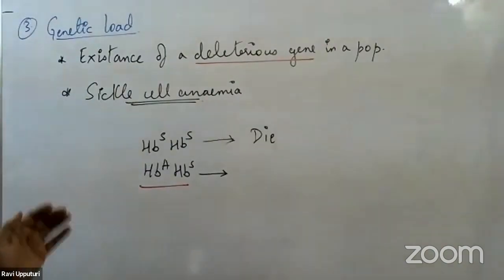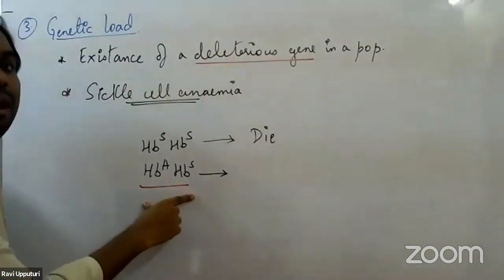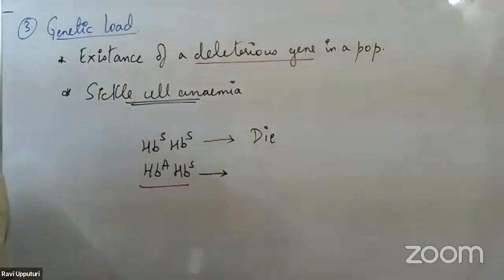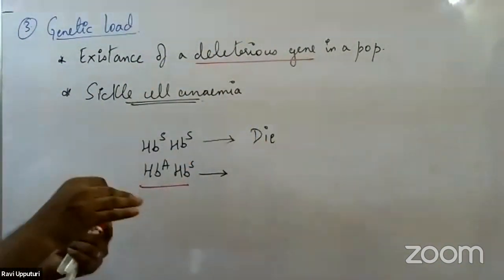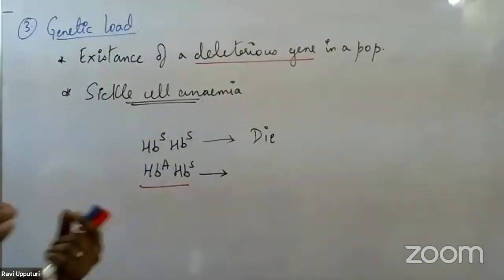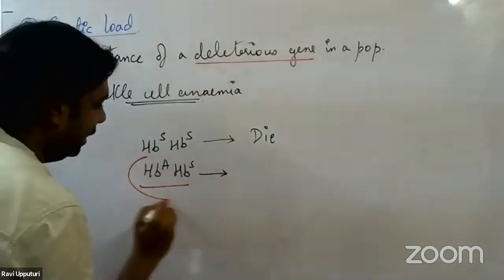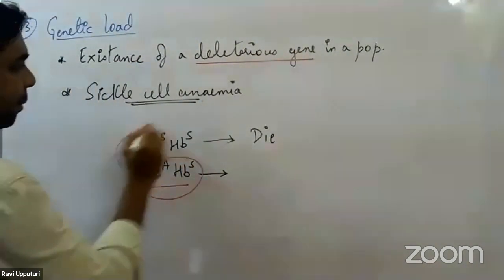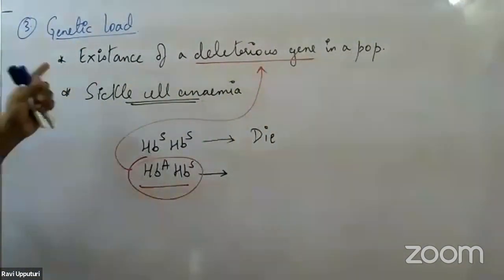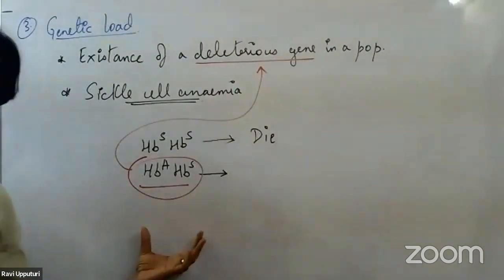But if they have enough oxygen, even with the heterozygous condition, they will live reasonably healthy, though they have to maintain proper conditions. That is why the heterozygous condition of sickle cell anemia is regarded as a deleterious gene or harmful gene, or also considered a disadvantageous gene.